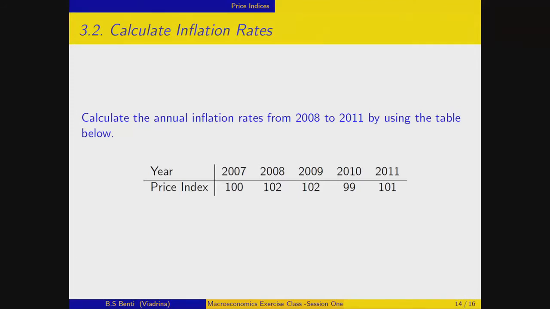The final exercise in this session is to calculate the inflation rate. Calculate the inflation rate from 2008 to 2011 by using the table below.